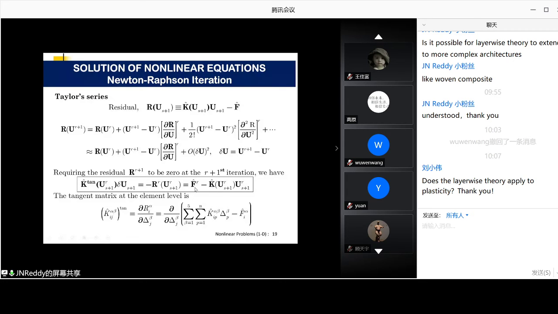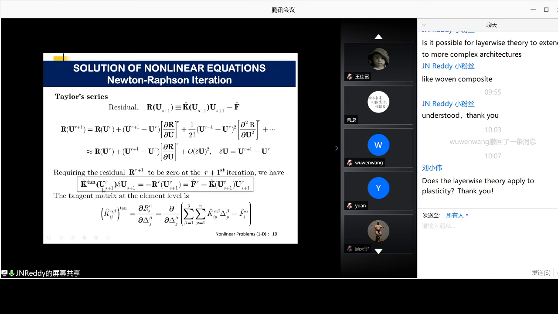And minus residual is the same as the force imbalance. You see that? F minus KU. So the minute you get F minus KU to be 0, you solve the problem, right? So we are driving the difference between these two to 0.